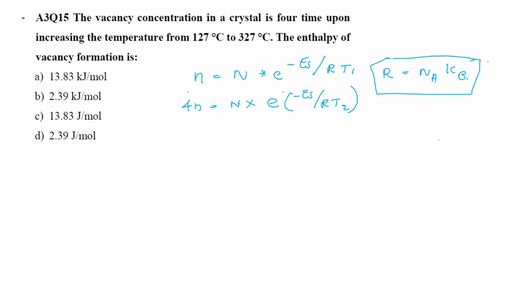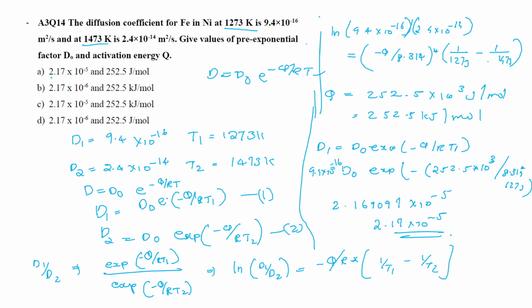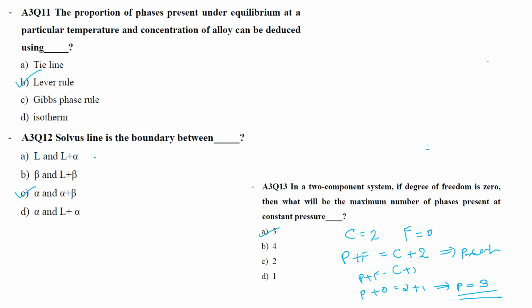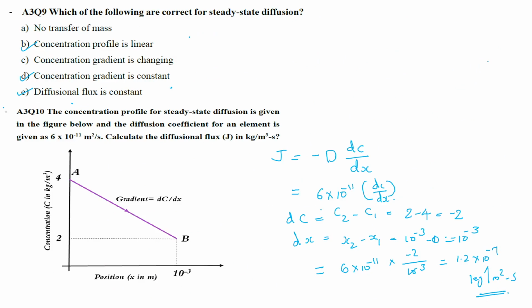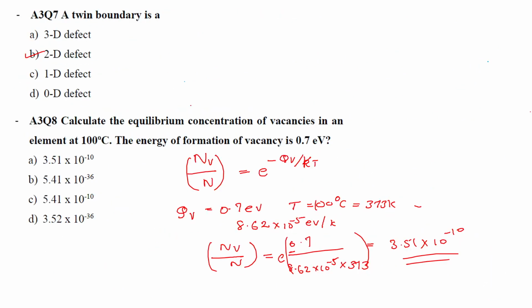No, we used K, 8.62 times 10 to the power minus 5. Wait, which problem is that? 0.7 electron volt. This one.